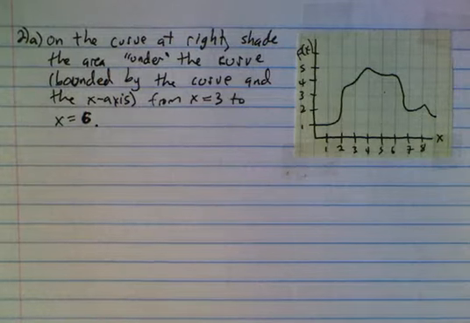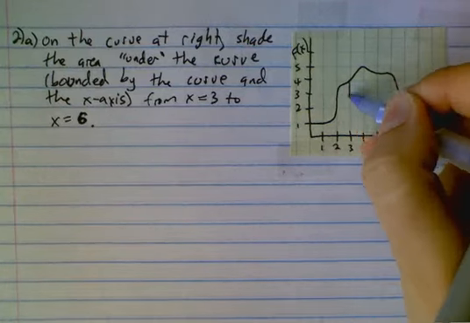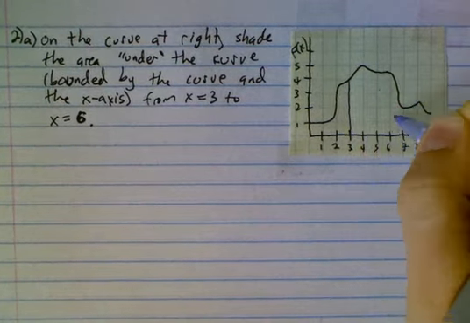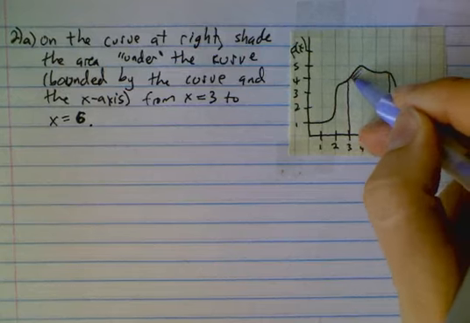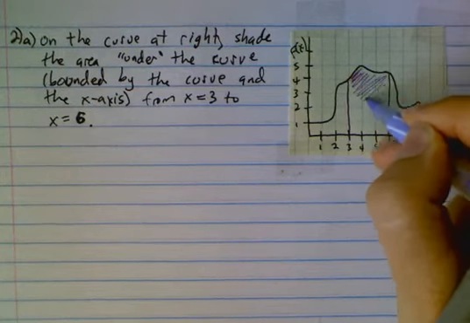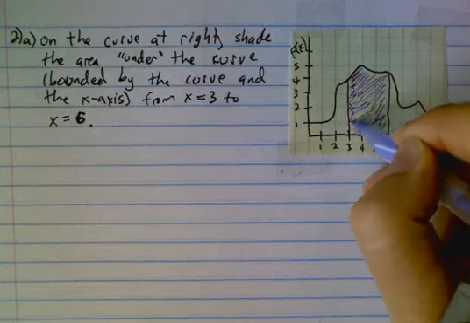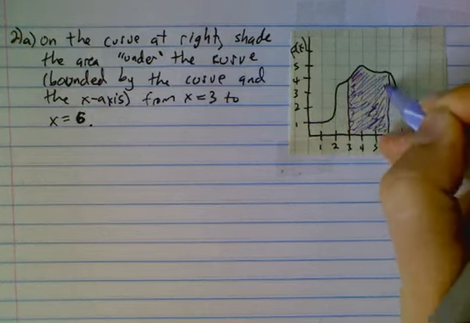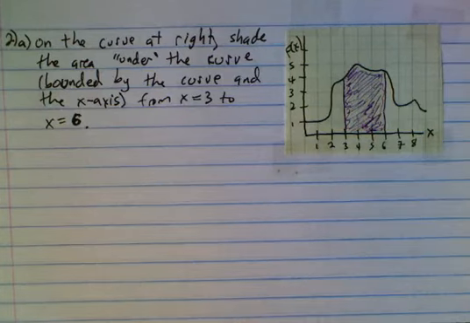Okay, so the area under the curve, from the curve to the x-axis, from x equals 3 right here to where x equals 6 right there, we're talking about this area right in there.